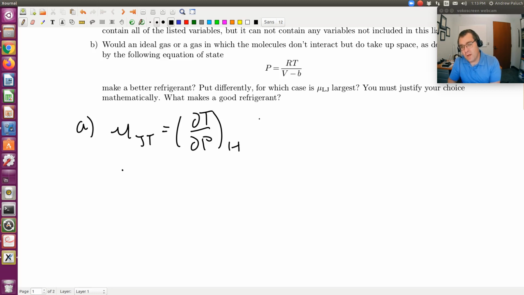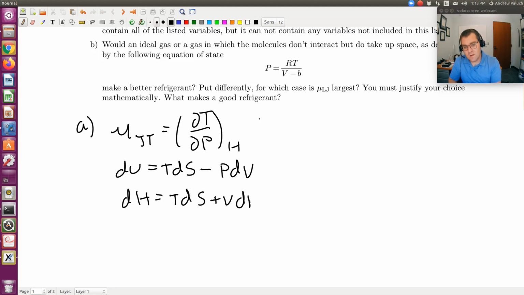Remember the combined statement of the first and second law: dU is TdS minus PdV. H is defined as U plus PV. The role of H is to flip the role of the conjugate variables P and V. So dH is TdS plus VdP.